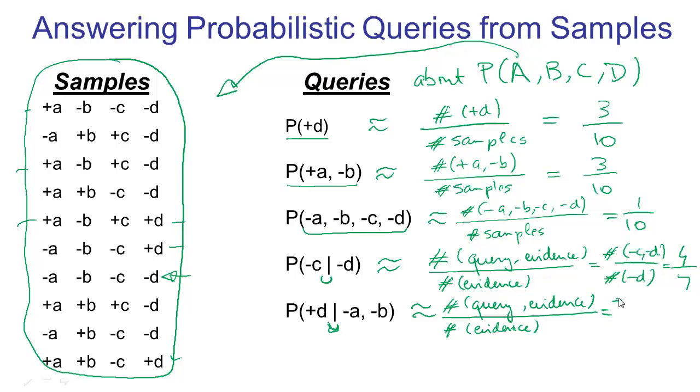In this case, the number of times we have plus d minus a minus b divided by the number of times we have minus a minus b. Minus a minus b occurs over here and over here. That is twice. And plus d happens 1 out of those 2 times, so we estimate this probability as 1 over 2 based on these samples.